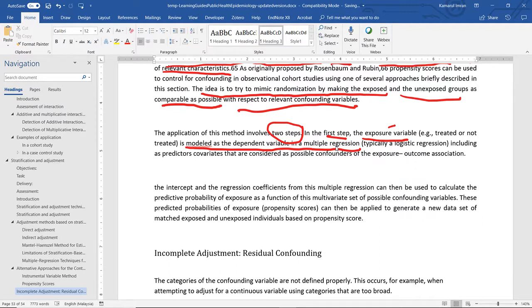For example, in the example given, the authors code the exposure variable as either treated or not treated, and then the exposure variable becomes the dependent variable. Predictor covariates are considered as possible confounders of the exposure-outcome association.